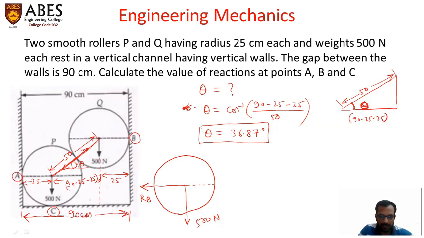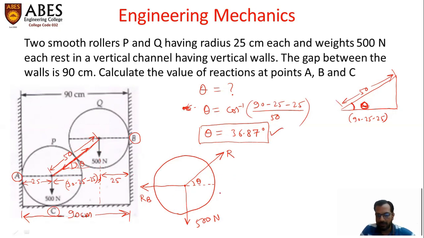The common reaction, or the reaction from the lower roller onto the upper roller, will act in the upward direction, inclined upward. So we can show it like this. This is the reaction from the lower roller on the upper roller. We can show it as R, simply R, the common reaction between these two rollers, and the angle is theta, which is already known. We already calculated this angle theta.